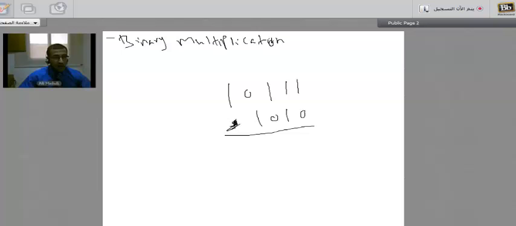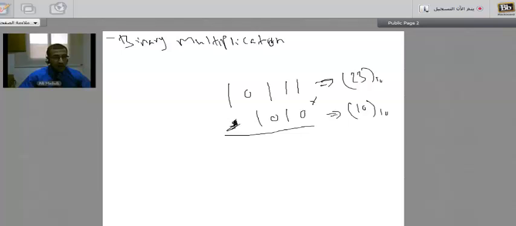This is a multiplication, and it gets a little bit messy if we have an extra 0 here. So this number is equivalent to 23 in decimal, and this number is equivalent to 10 in decimal. Now let's do the multiplication.